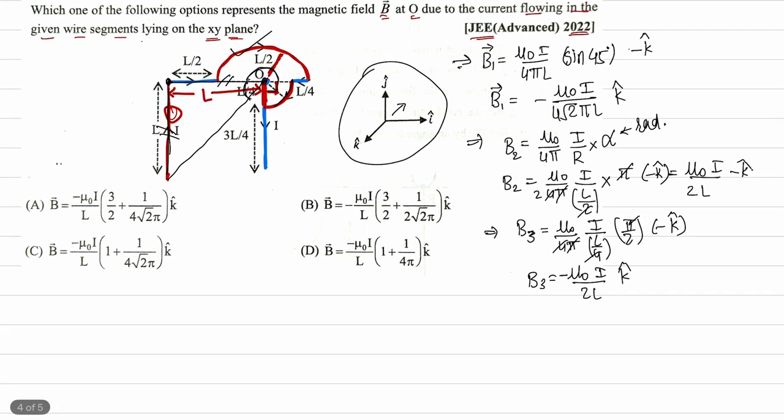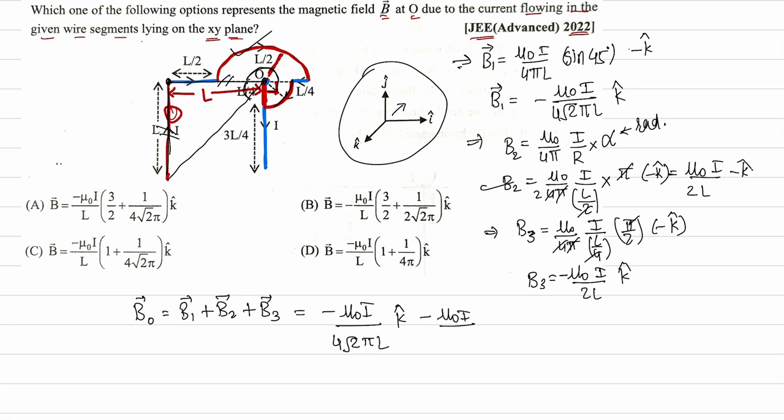Adding all these values, the magnetic field B at center O is the sum of the field due to the first wire, the second arc, and the third arc, which is the smaller arc. First it is minus mu naught I divided by 4 root 2 pi L, k cap. Then for the second, minus mu naught I divided by 2L, k cap, and the third is again minus mu naught I divided by 2L, k cap.